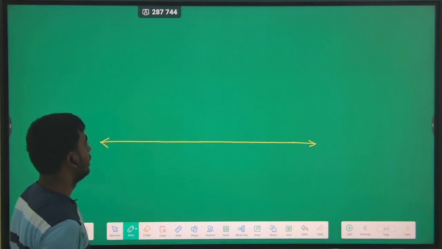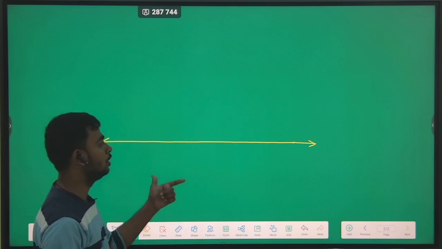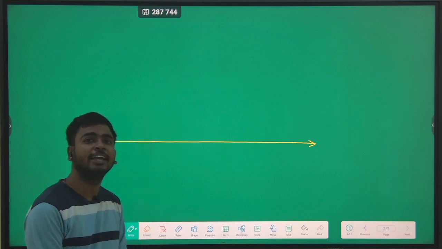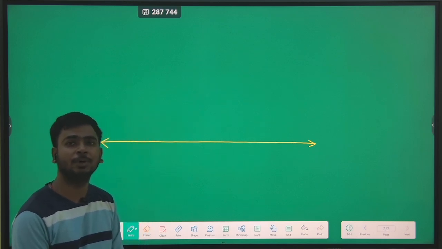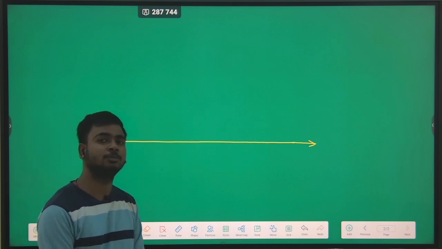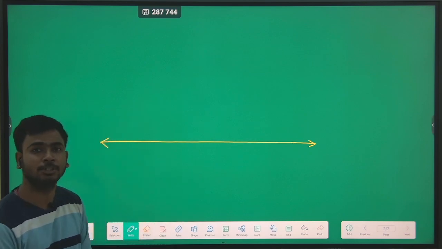So what I am going to make clear is representation of any two rational numbers on the number line first, and how we will insert n number of rational numbers between any two rational numbers.